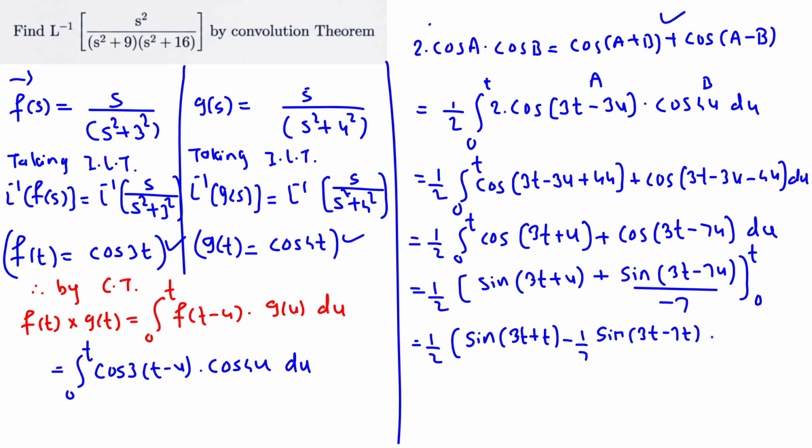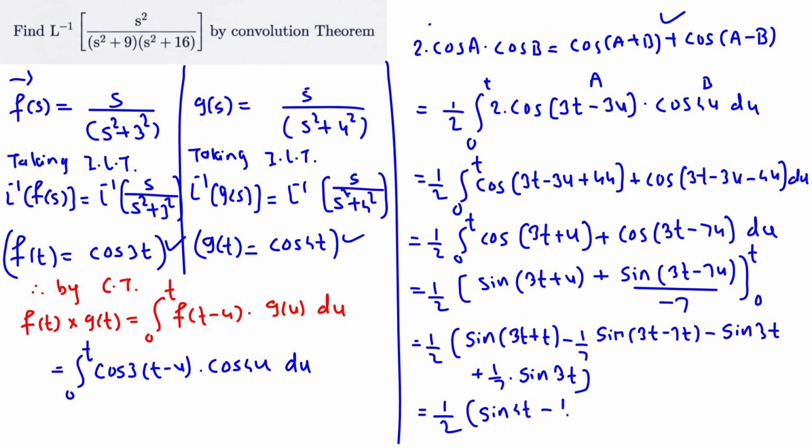Okay, and minus, now put lower limit 0 instead of u, so you will get sine 3t, because sine(3t plus 0) will be 3t, and minus will become plus 1 by 7 sine(3t minus 0), again same, 3t.